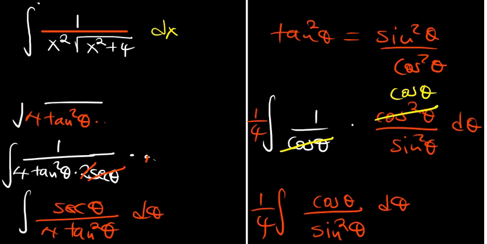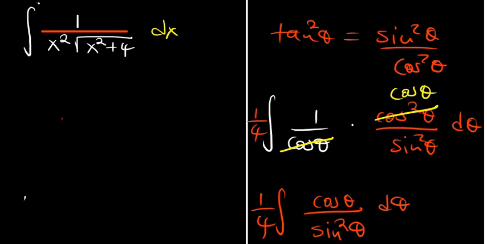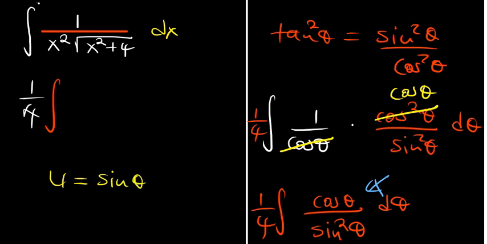So at this point, how basically can we integrate what we have? If you look at what we have here, we can handle it by u substitution, so that we can just do away with what is on the top part there. So we have 1 over 4, and then the integral of, let our u be equal to sine theta, so that our du, which is the derivative, is, what is the derivative of sine?